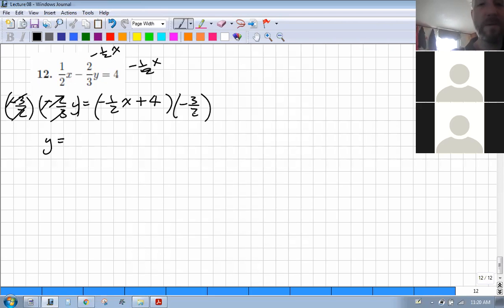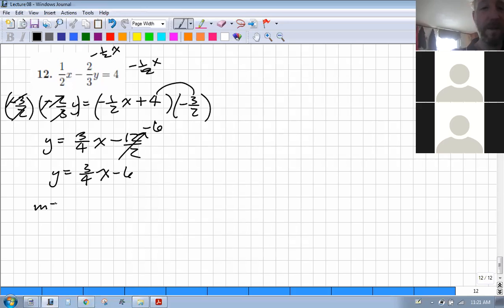Gives us y equals. So we have a negative 3/2 times a negative 1/2 is a positive 3/4. And a negative 3/2 times a positive 4 is negative 12 over 2, which is negative 6. 12 over 2 is 6. So y equals 3/4 x minus 6. So our m here is 3/4, and our b is -6.